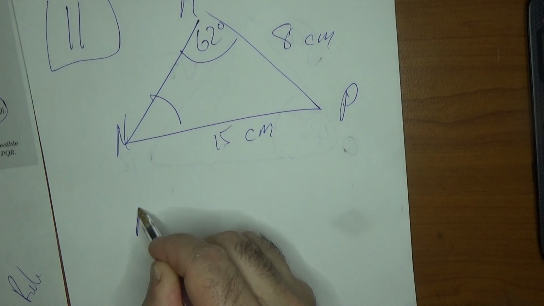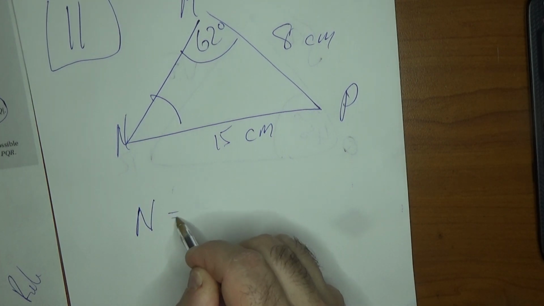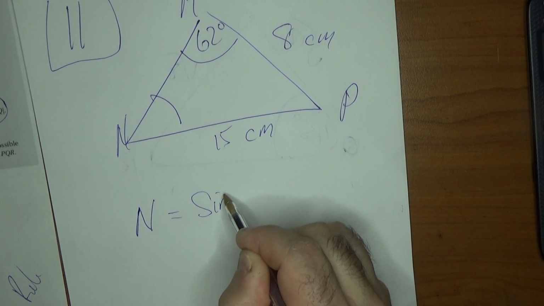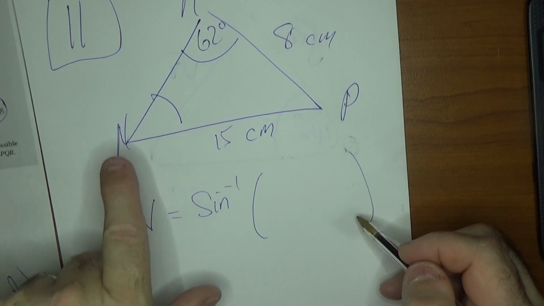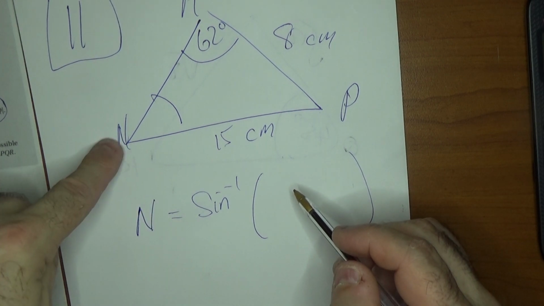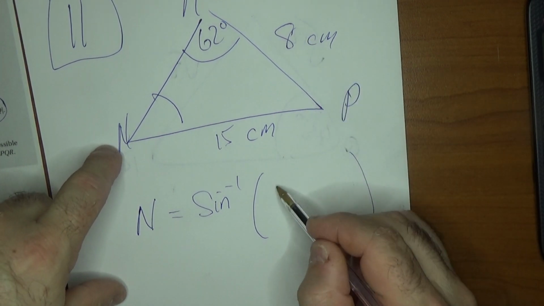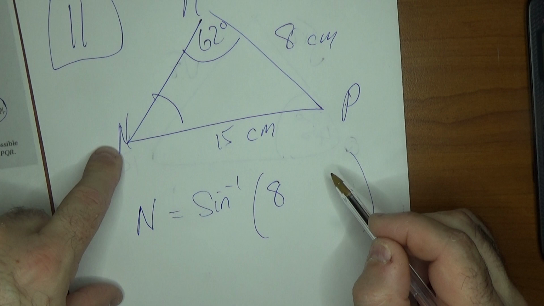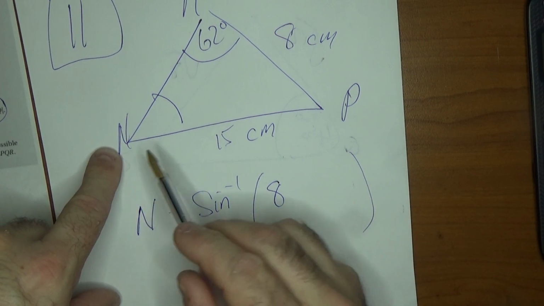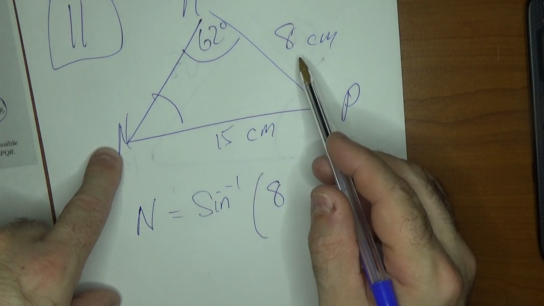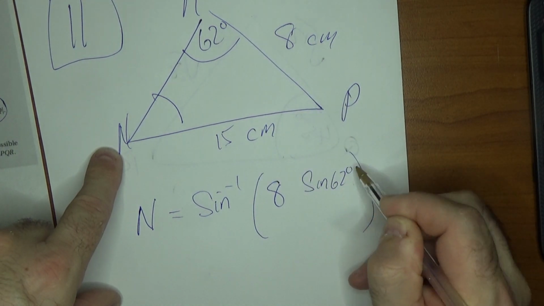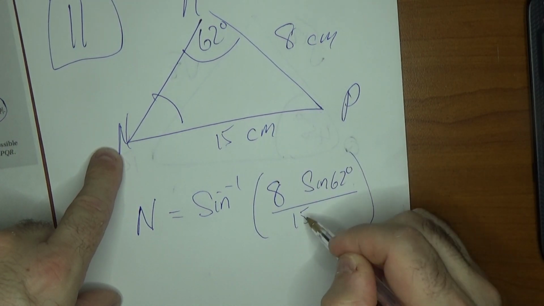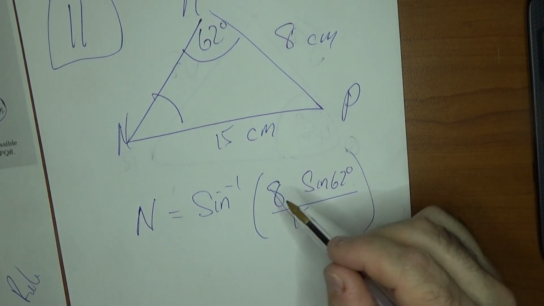So we'll basically go that angle N is equal to the angle whose sine is equal to, what we definitely want to see opposite the angle N, is 8, so sine of 62 over 15. We knew 8 was on top.